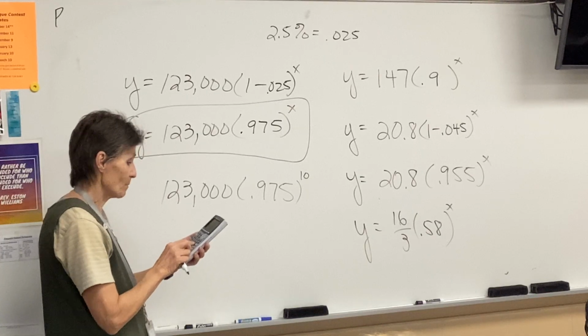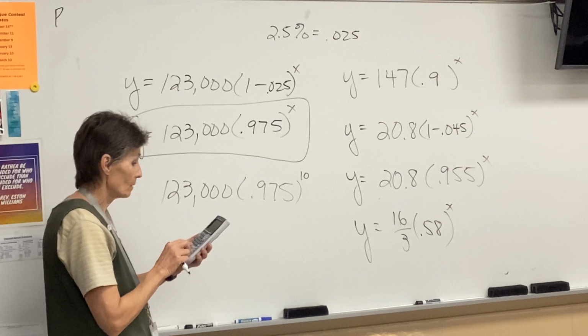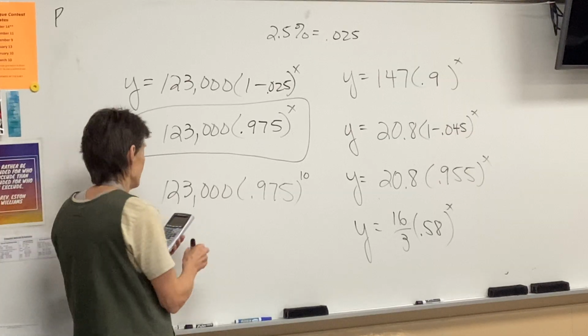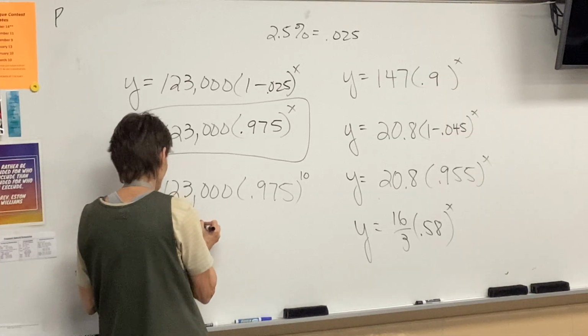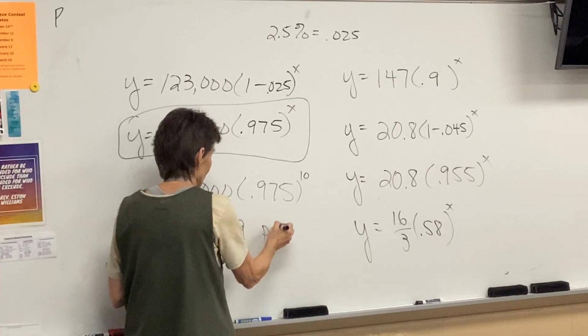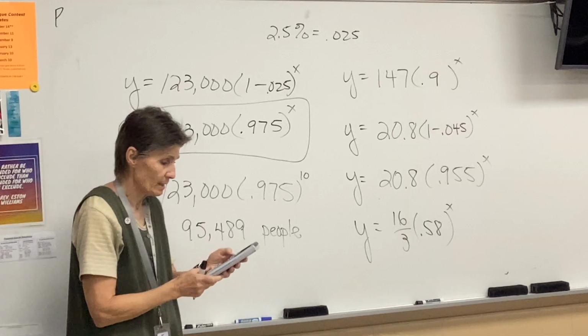I did that because I want everybody to understand where the numbers are coming from, but no. Did you get 95,489 people, if we round it off to the nearest whole person?